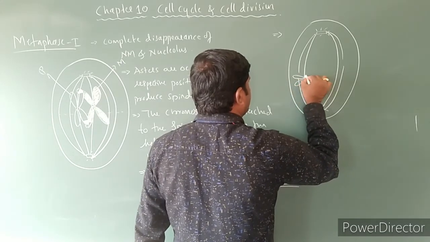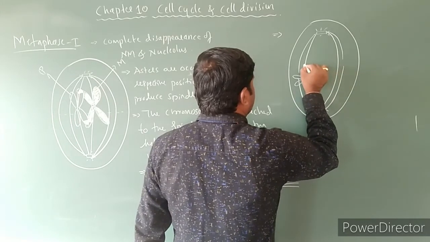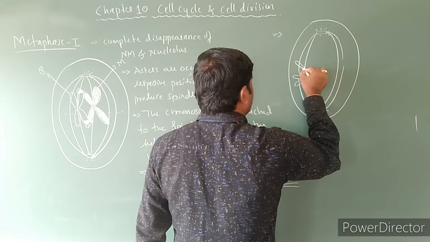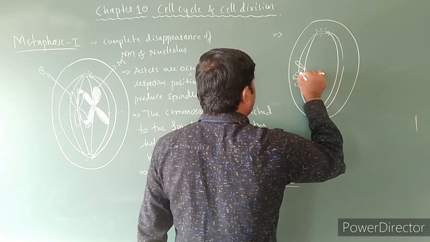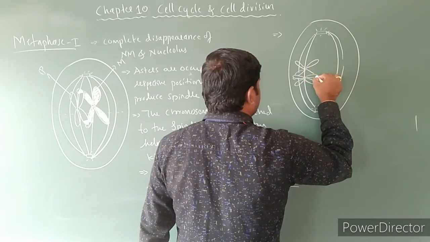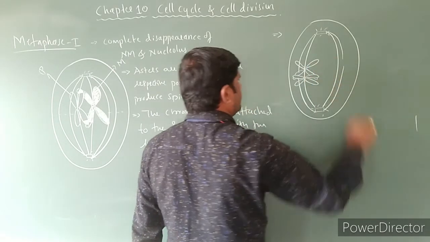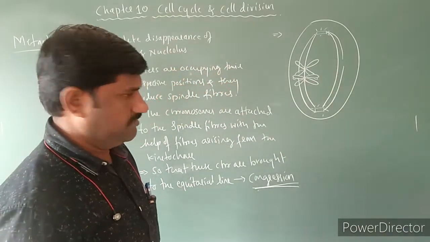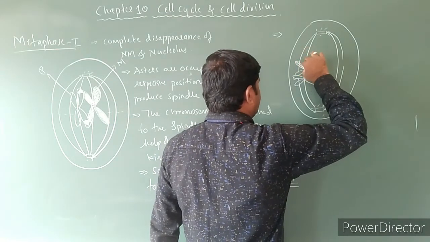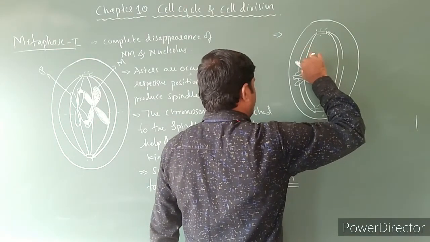This is one chromosome and this is another chromosome. See here, this is another chromosome. They are lying just like this. One is shaded for your understanding purpose.